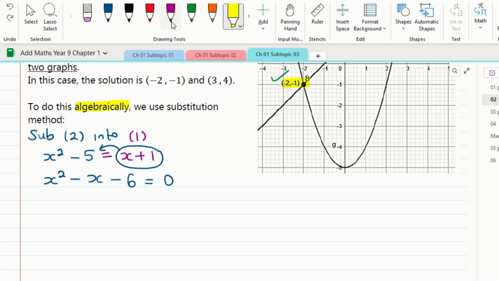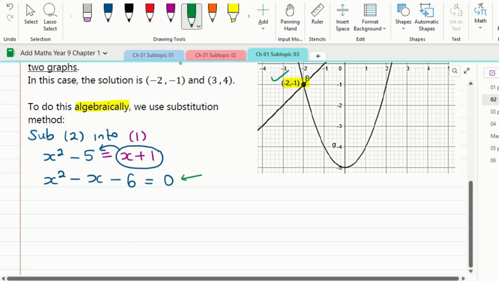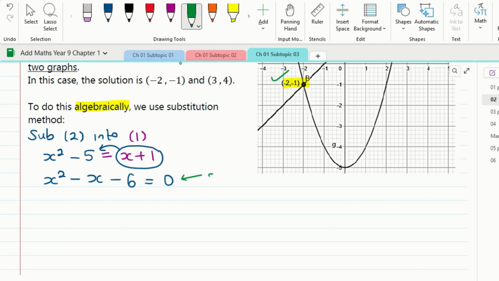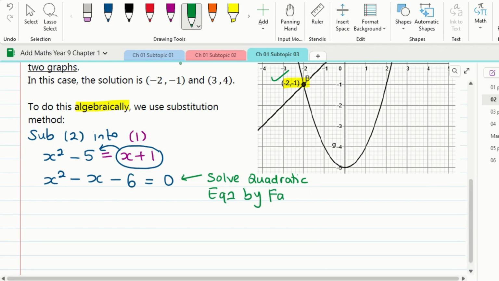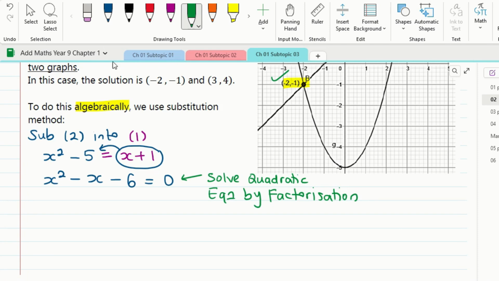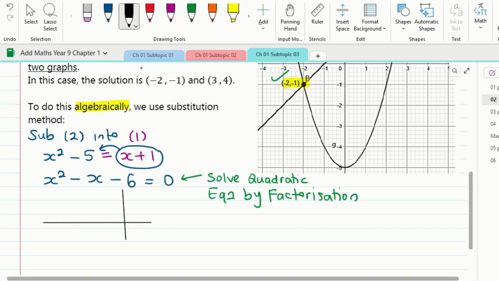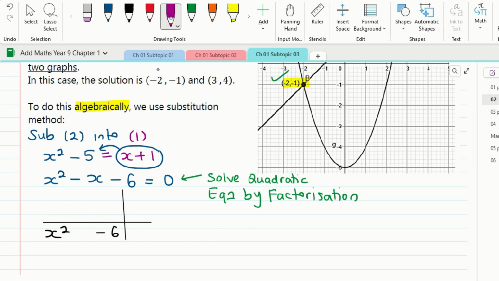To find the values of x, using a concept in IGCSE maths, you are trying to solve this quadratic equation by factorization. If you still remember the very first lesson on basic algebraic techniques, you can use the cross method to find the factorization on the left hand side.